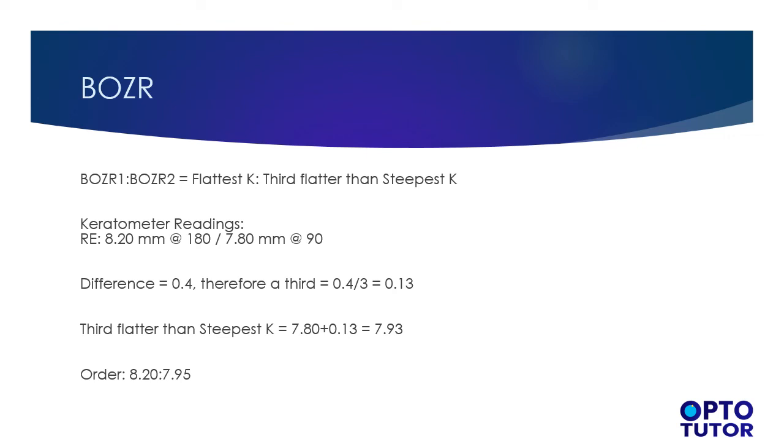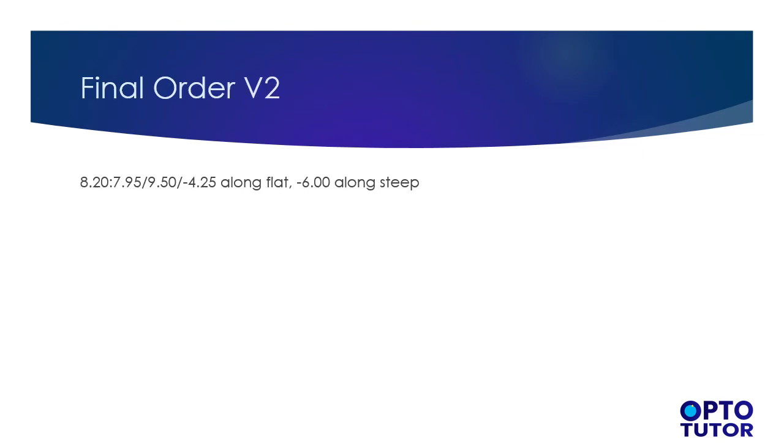Now, because we're going to be ordering to the nearest 0.05, the order that you would make is your flattest K, which is 8.20 ... 7.95. So that would be another way that you could order the lens: 8.20, 7.95, total diameter of 9.5, and the power is the same as before, minus 4.25 along flat, minus 6 along the steep.